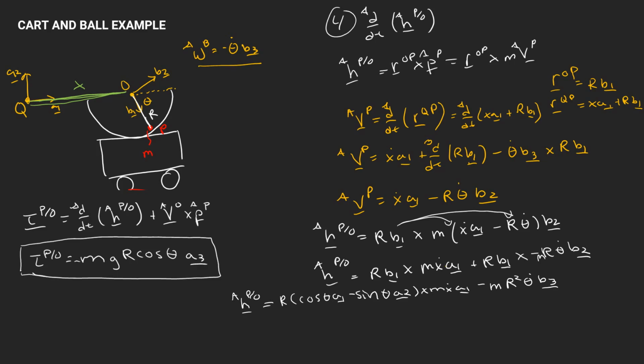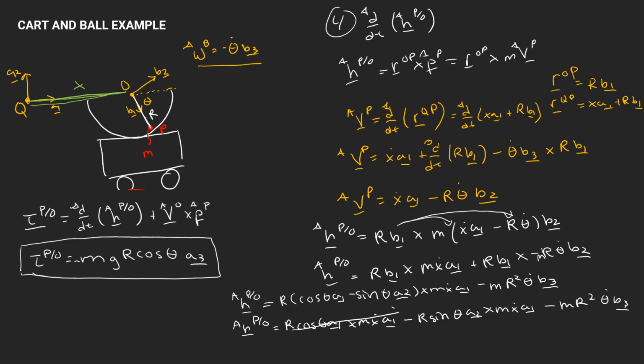And so again, if we distribute this out, we get R cosine theta A1 crossed with m x dot A1 minus R sine theta A2 crossed with m x dot A1 minus m r squared theta dot B3.